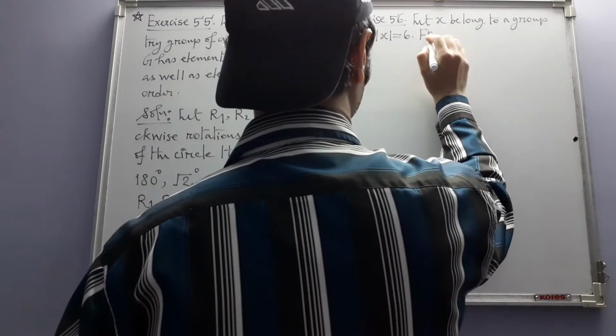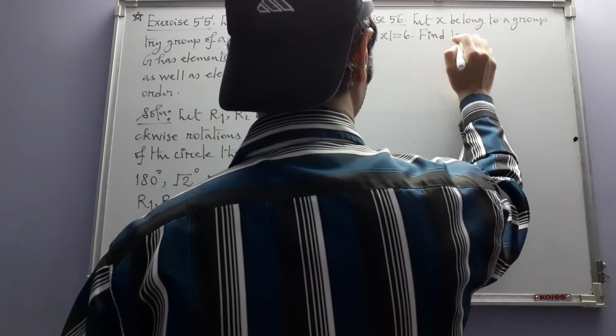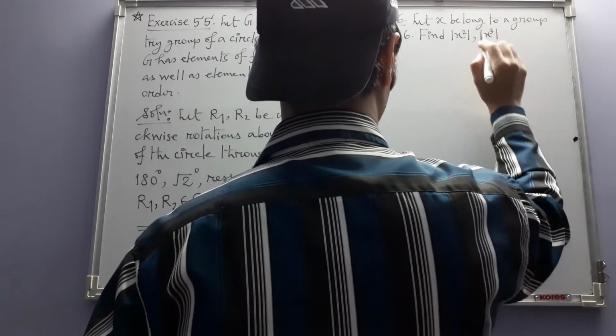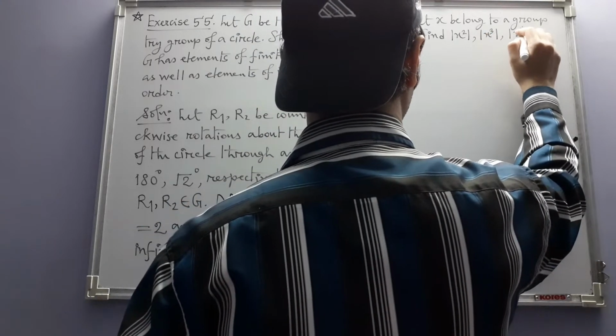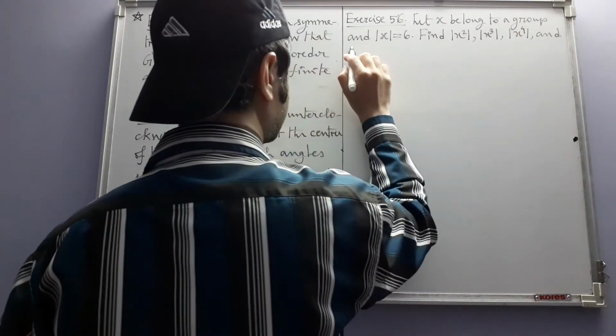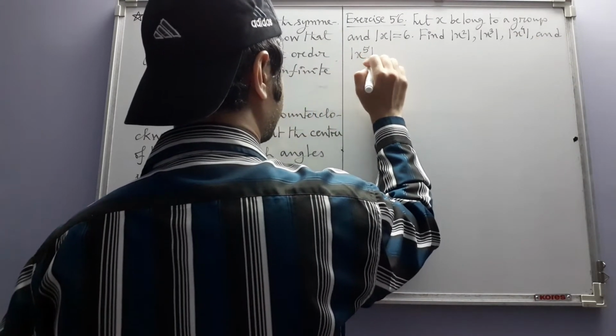Find the order of X square, the order of X cube, that of X to the power 4, and order of X to the power 5.